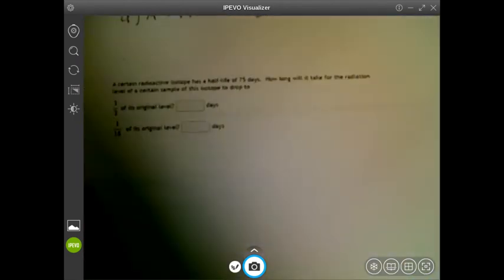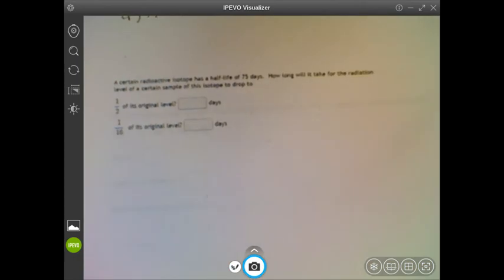All right, last one. A certain radioactive isotope has a half-life of 75 days. How long will it take for the radiation level of a certain sample of this isotope to drop to half of its original value and 1/16 of its original value? The first question is almost like a trick question.